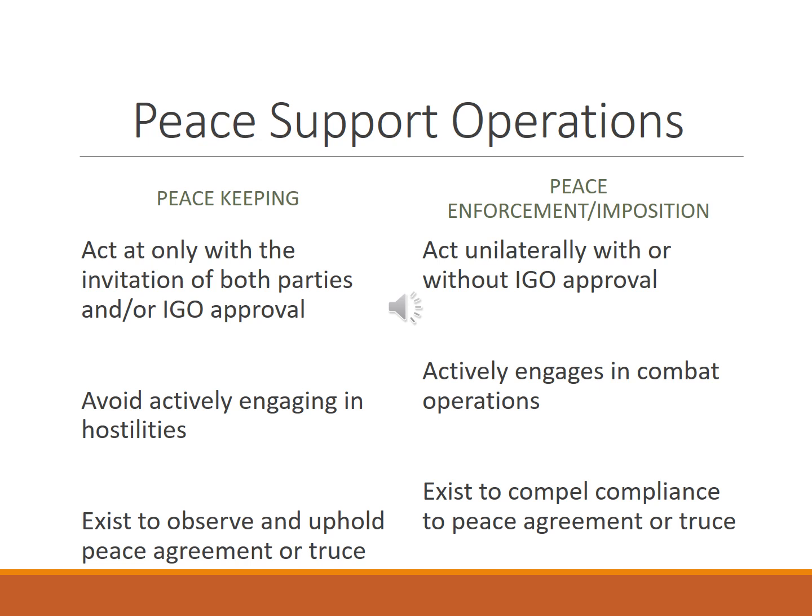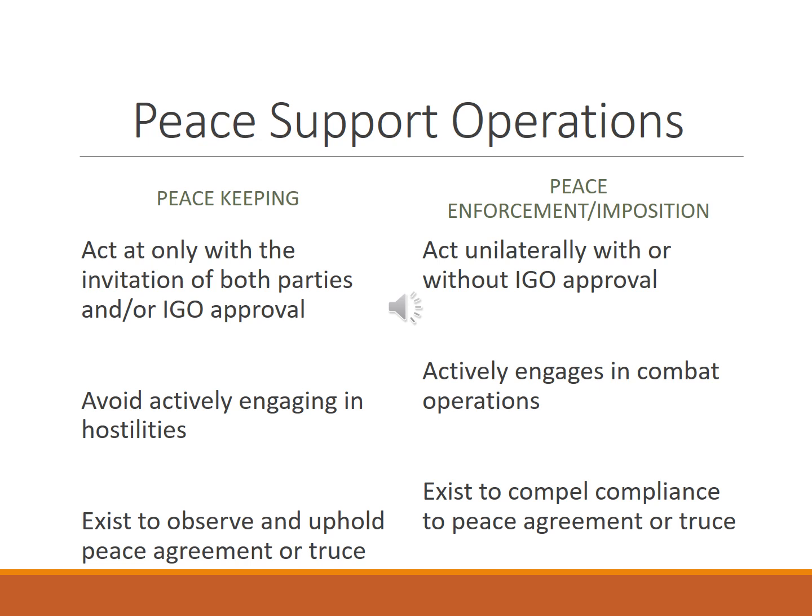Here you can see the two activities placed side by side. Peacekeeping takes place only with the two sides giving the approval, usually, of the peacekeepers. Notice it also needs the approval of the organization that's sending the peacekeepers. Peace enforcement imposition is usually not done by IGOs.